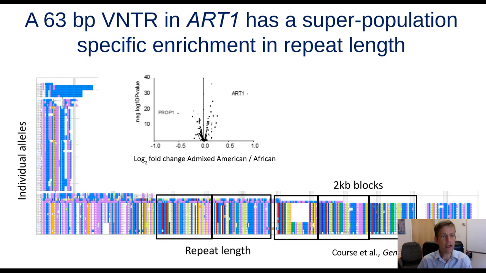And then using long-read sequencing, we could identify, again, the internal sequence of each repeat unit and the colors that represented some of the internal variability in these alleles. A number of the individuals from the African samples were appearing at the top of this chart where they were only blue, and at the bottom were samples from European and admixed Americans where you had these expansions in combinations of 2 kb blocks.